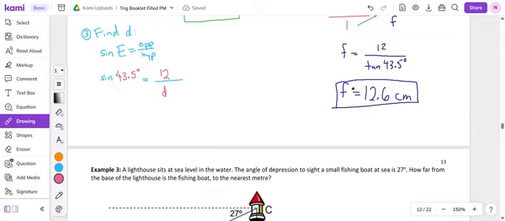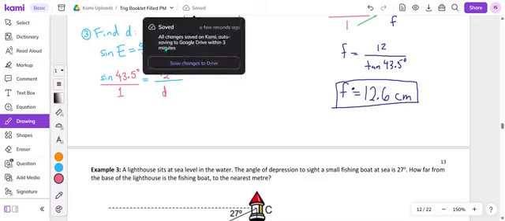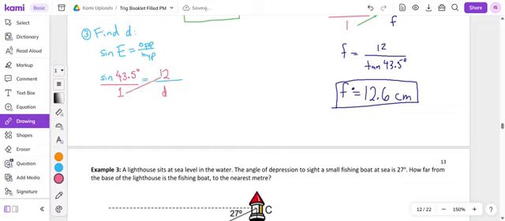Let's use the T method to solve. So we'll go once again, 1 times 12 divided by sine. So I get D equals 12 over sine 43.5. You see, it's very similar to what we used to find F. The only difference is the ratio we used, and that's what will determine the different value.